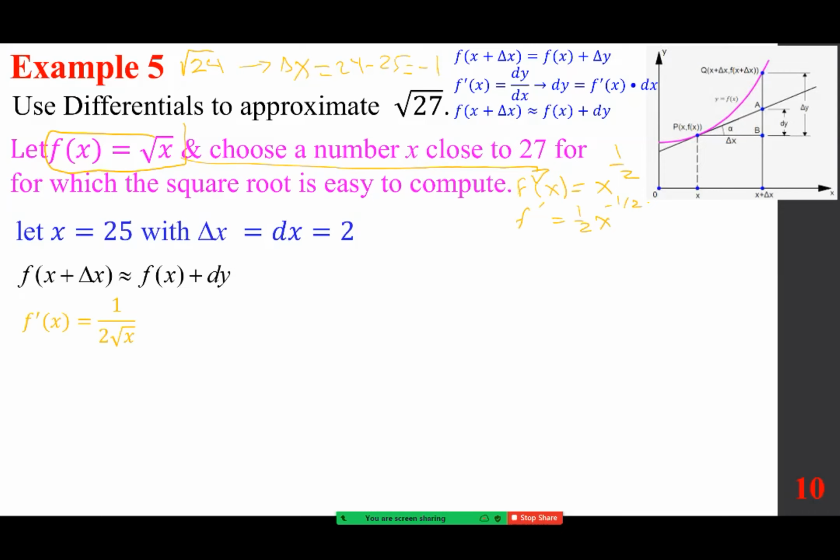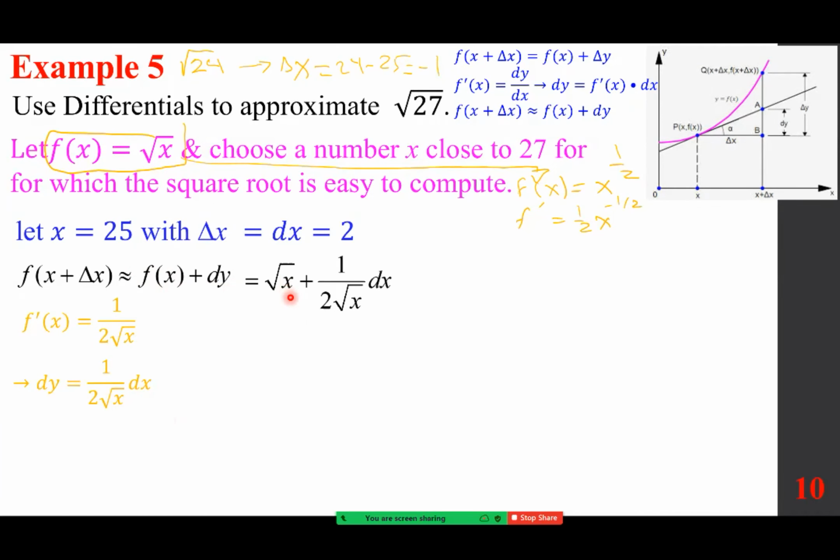So since we've done it many times, if you wrote it, that's fine. dy would be the same thing, times dx. So right here, we're going to write f of x, which is square root of x, plus this expression.